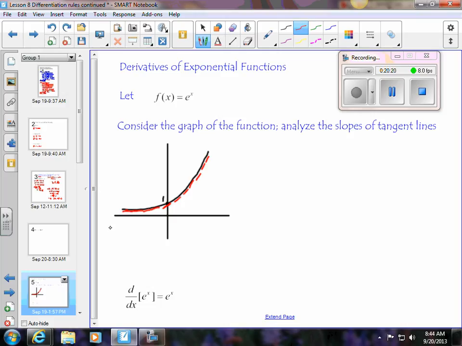So if we were to plot those slopes, can you picture, anybody take a guess as to what the graph of those slopes would look like? Starting out very small, not quite 0, and then a little bit bigger, keep getting bigger, slope of 1, then slope of 2, 3, 4, 5, 6, 7, 8, 9.